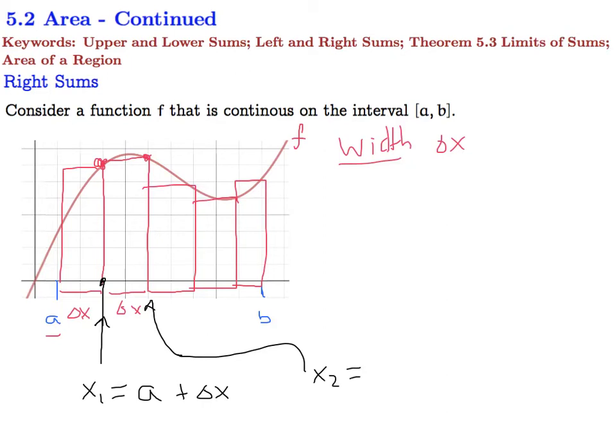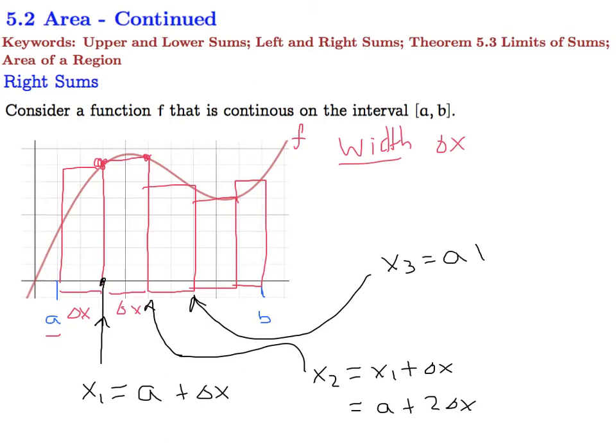This is just x1 plus another delta x, which means this is a plus 2 delta x. Next I've got another endpoint for a rectangle, x3, which is a short way to say a plus 3 widths. And in general, xi, any endpoint, will be a plus i times delta x. This tells me how many widths I've moved over.